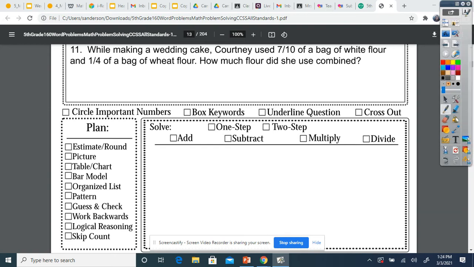Before I move on, I want to quickly go over adding mixed numbers. So if I have 1 2/3 plus 3 4/8, I need to make my denominators equivalent, so that's my first step.